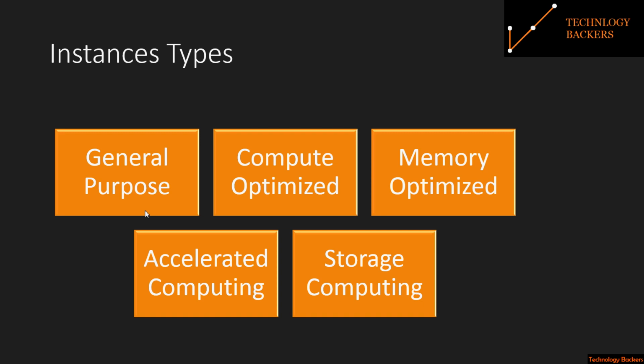Then there is accelerated computing, where you need high GPU performance. Then there is storage optimized, where you need calculations on big data and Hive. So these are the instance types. You can check more on the AWS documents.